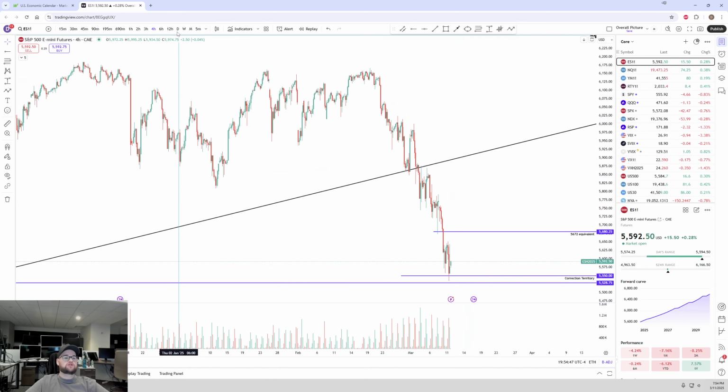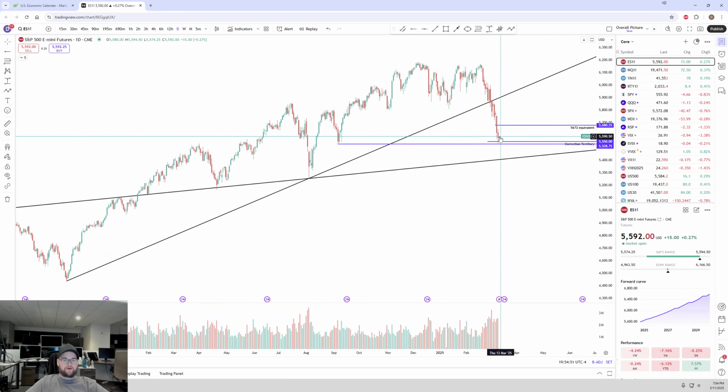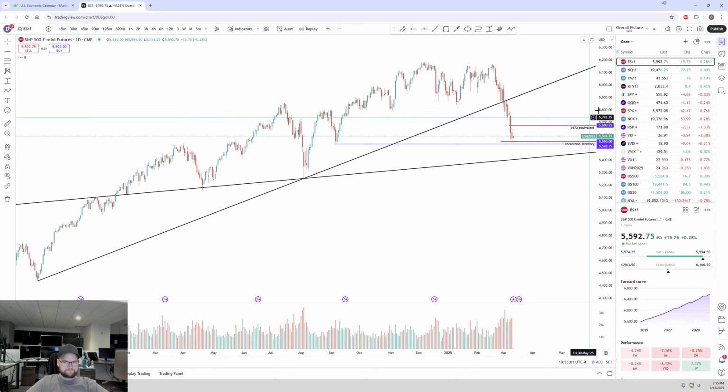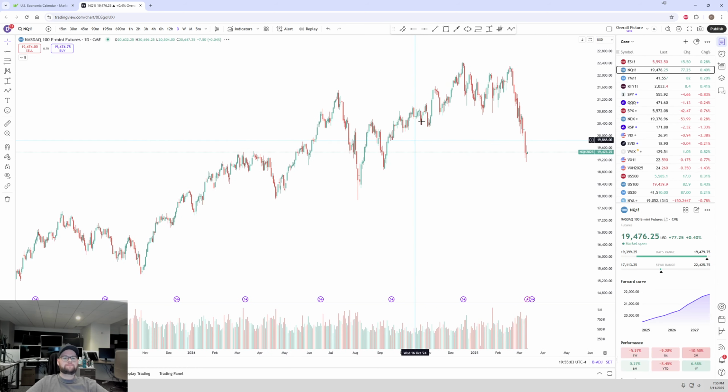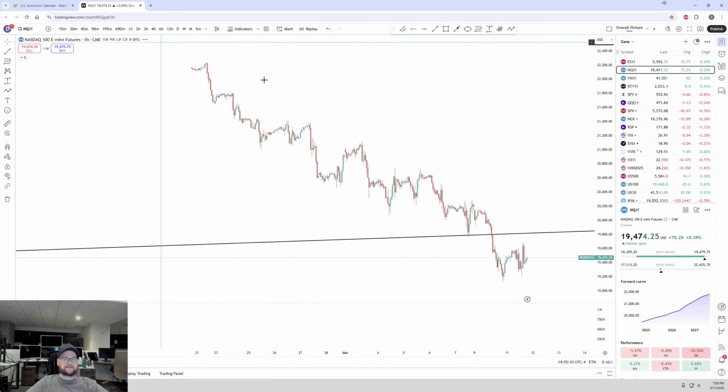Okay, so let's say the next 3 days are very, very volatile. Say we do bounce up from this correction area. I would then look to see if that 5672 area gets retested. On top of that, you could also use this NASDAQ area as well, because this area has not been retested.